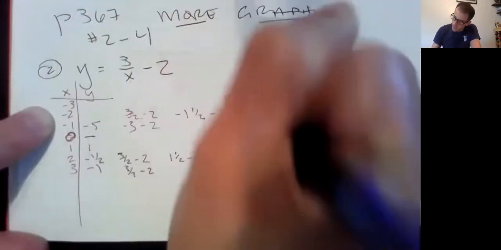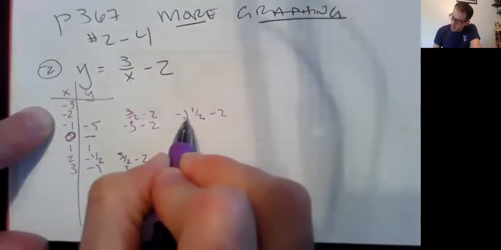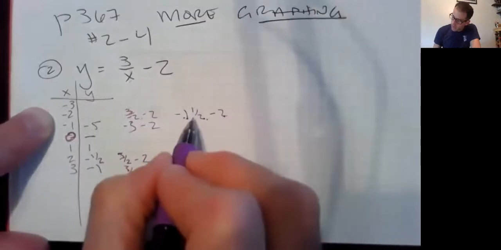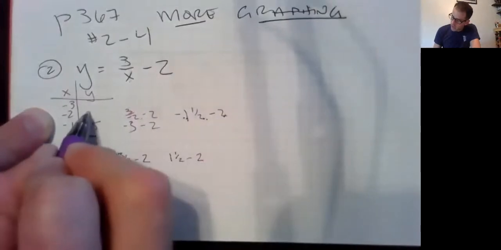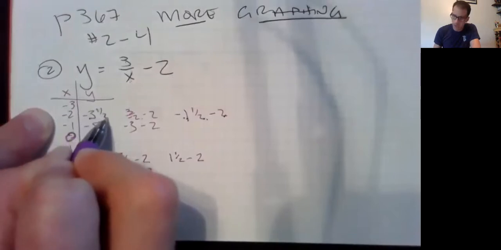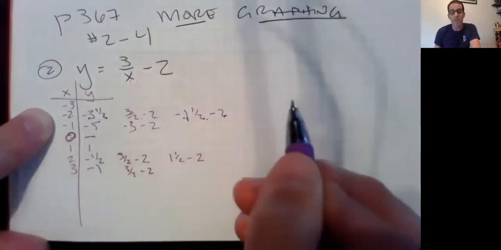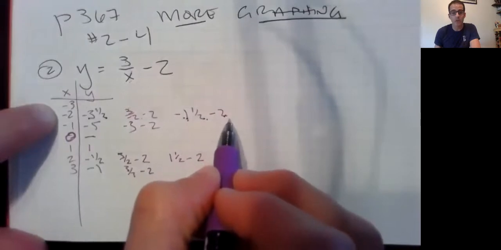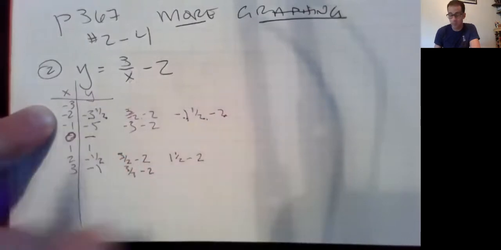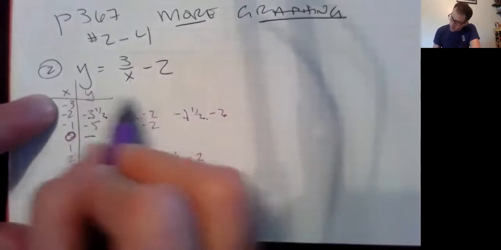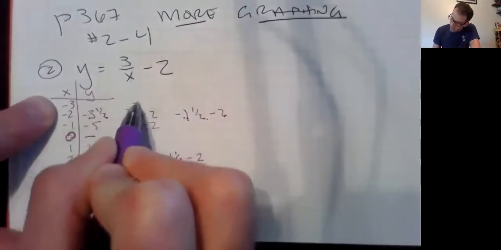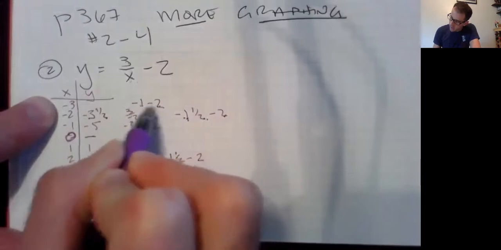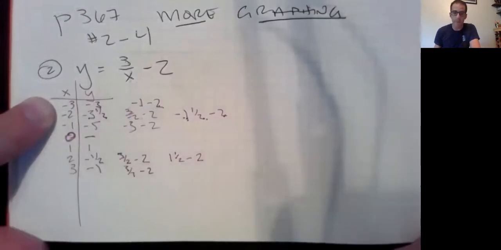Negative 1.5 take away 2 is negative 3.5. They're both negative, so we can add them together. $1.50 and $2 is $3.50, but they're both negative, so we put a negative in front. And then finally, 3 over negative 3 is negative 1. Negative 1 take away 2 is negative 3.